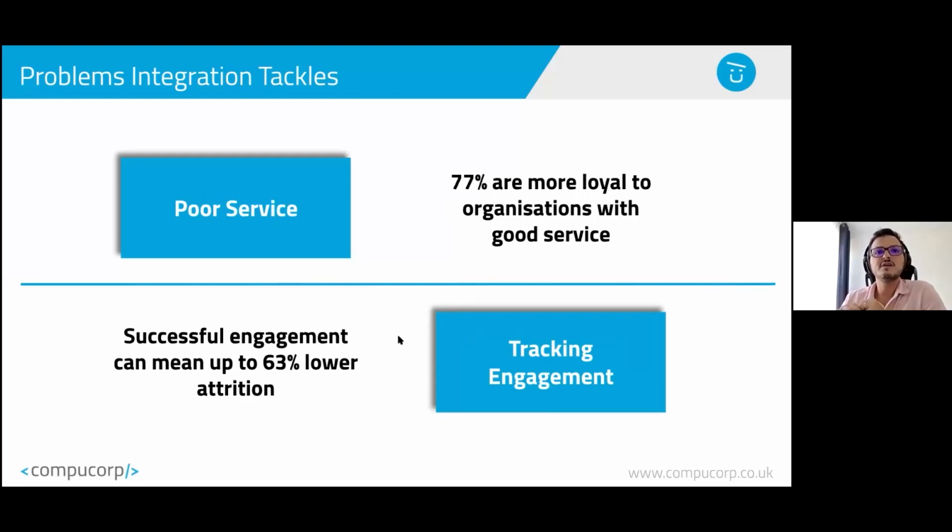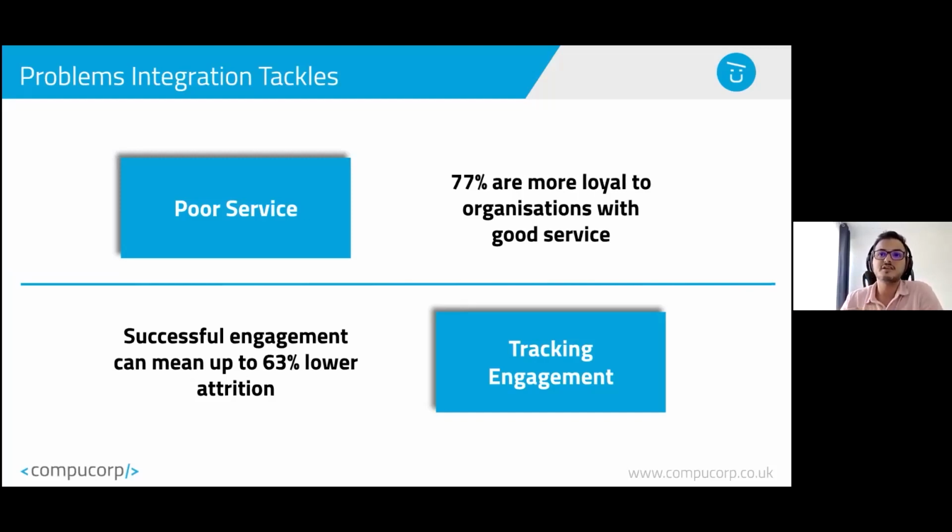And the third thing here is poor service. We mentioned a little bit about data quality and data fragmentation, but one of the real issues with that is that your organization will probably be providing an inferior service when interacting with your members or users.